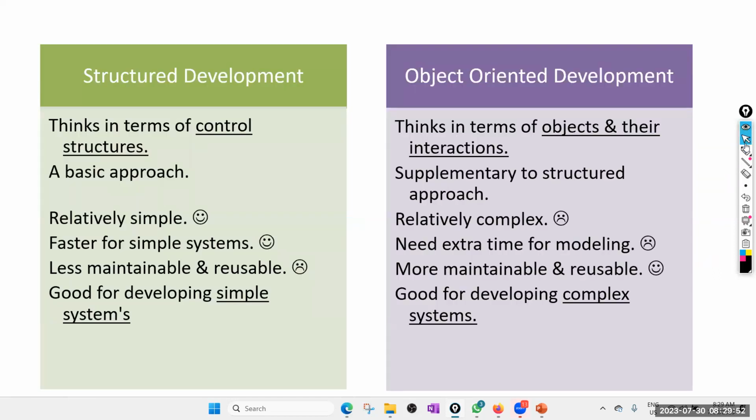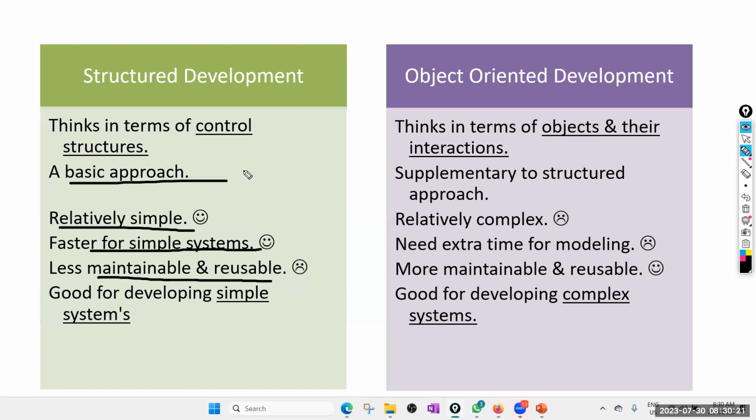Right. So the structured approach is good because it's a very basic approach. It's very simple, faster to develop simple systems. Even a kid can be taught how to do structured programming. So that is why even grade 6, 7 students are taught structured programming. But it is less maintainable and reusable. And also when it comes to complicated systems, this approach may be time wasting as well.